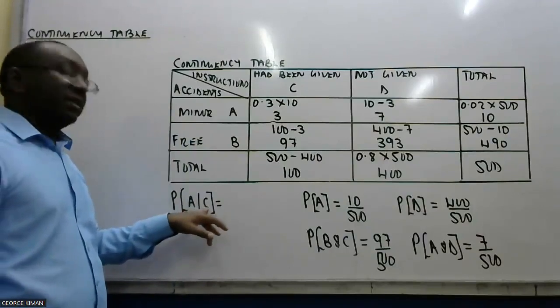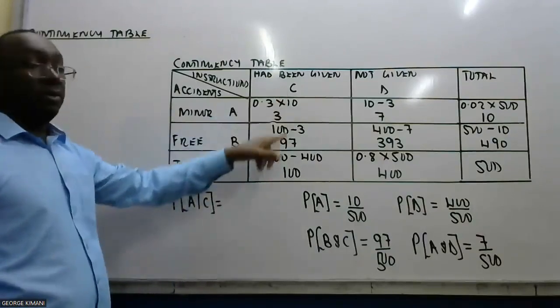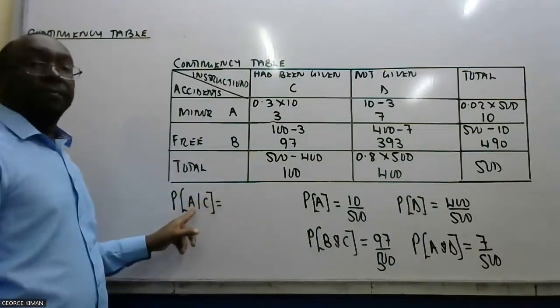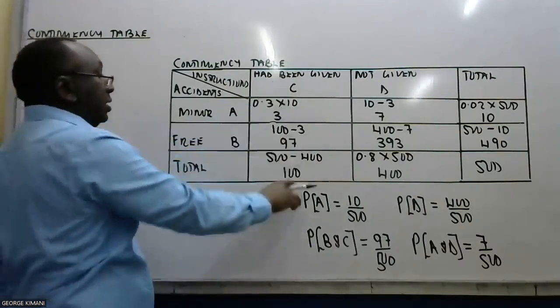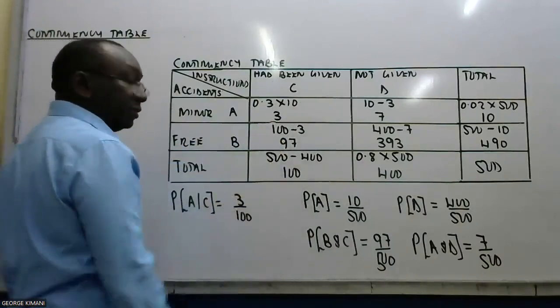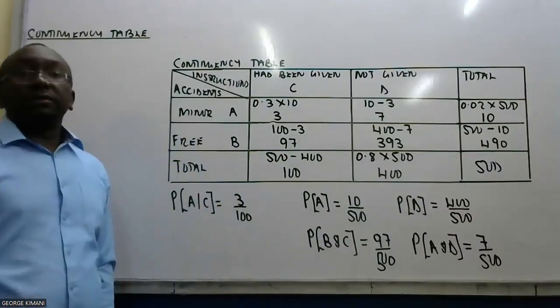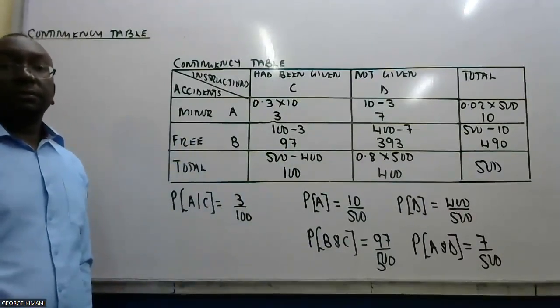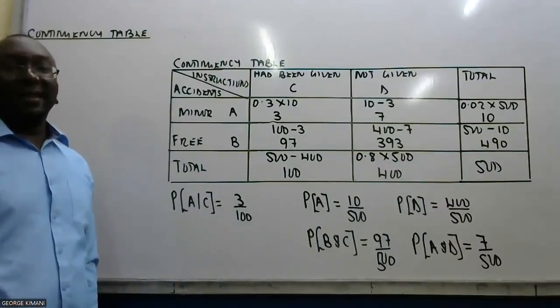So you move to C. Being in C, you look for A. When we are in C, A is this, and the whole of C is what? That's it.